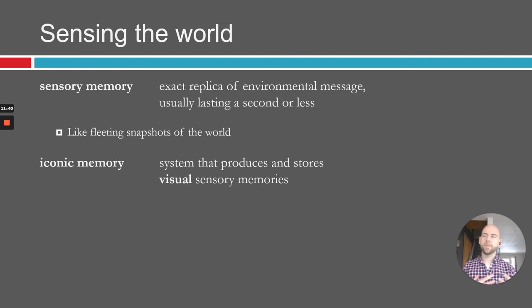But there are different aspects of this sensory memory. So iconic memory, for example, is the visual sensory memory. The fact that if you look at something and then close your eyes right away, you still have a sense of what was there. That is your iconic memory persisting after you've cut off that sensation from your eyes.